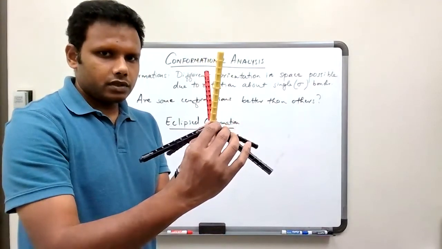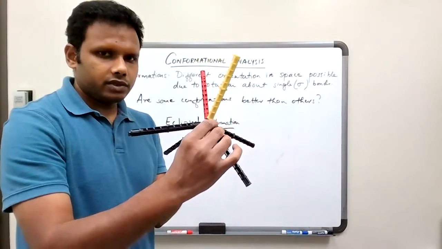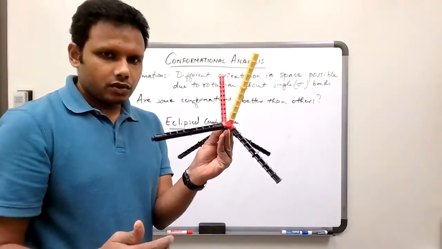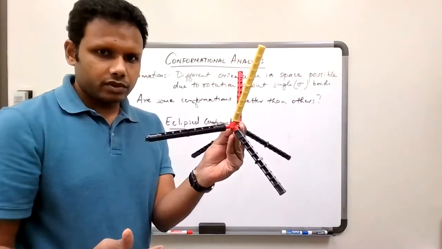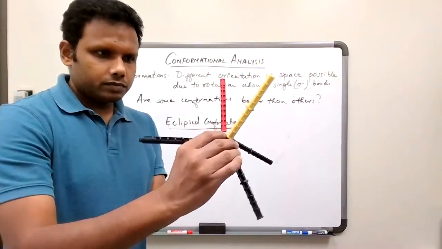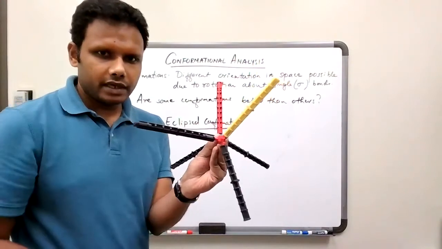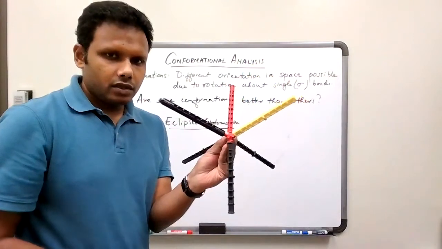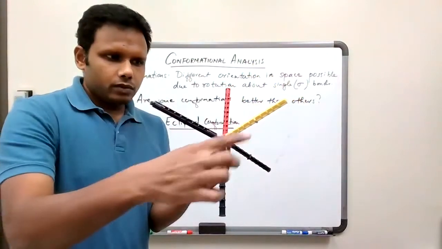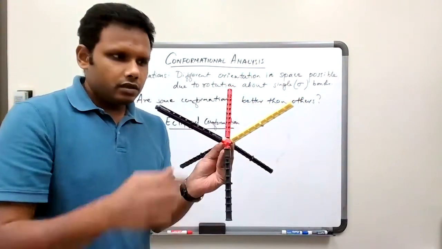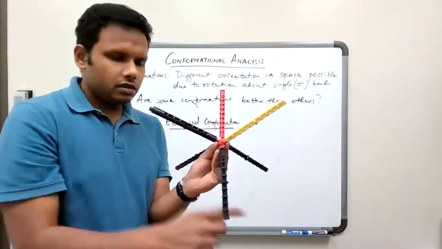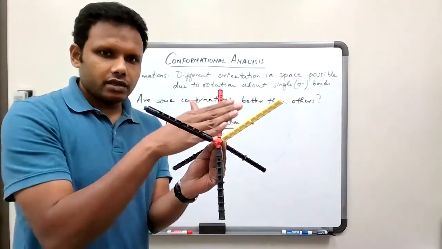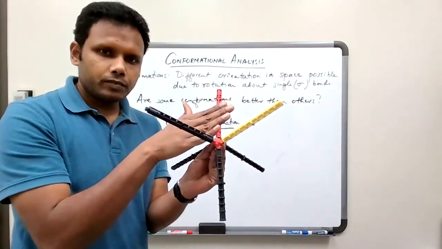So this is another conformation, but this is not where they are the farthest apart. We can do more, like that, and then maybe this, where the yellow is between the red and the black hydrogen on the back carbon. It is exactly between the two.